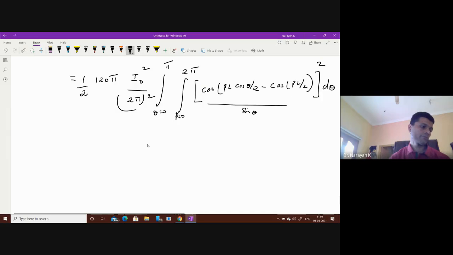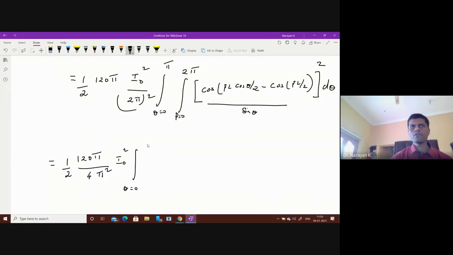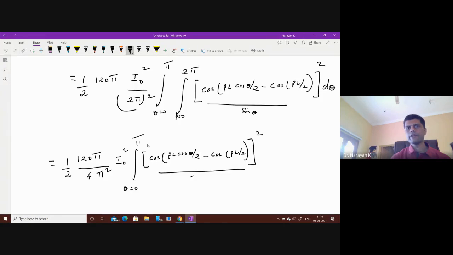So what I will get here, half of 120 pi, this will be 4 pi square, I naught square, theta varying from 0 to pi, cos of beta L cos theta by 2 minus cos of beta L by 2, whole square divided by sin theta d theta.